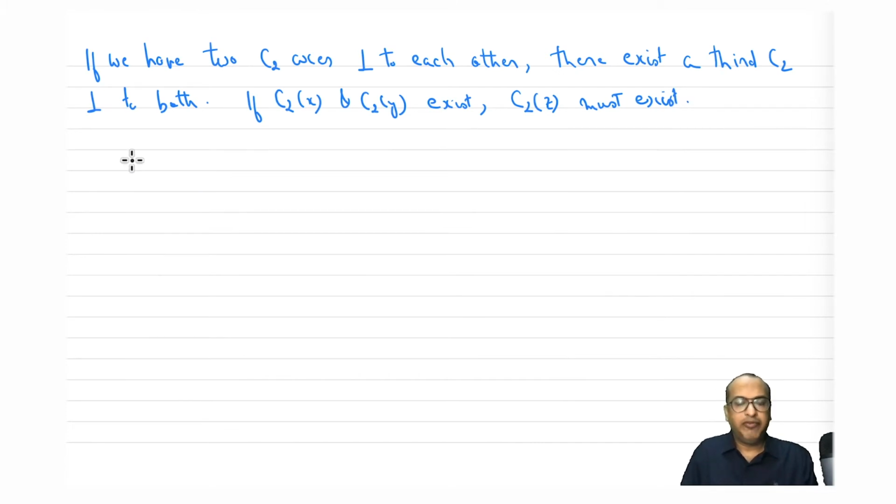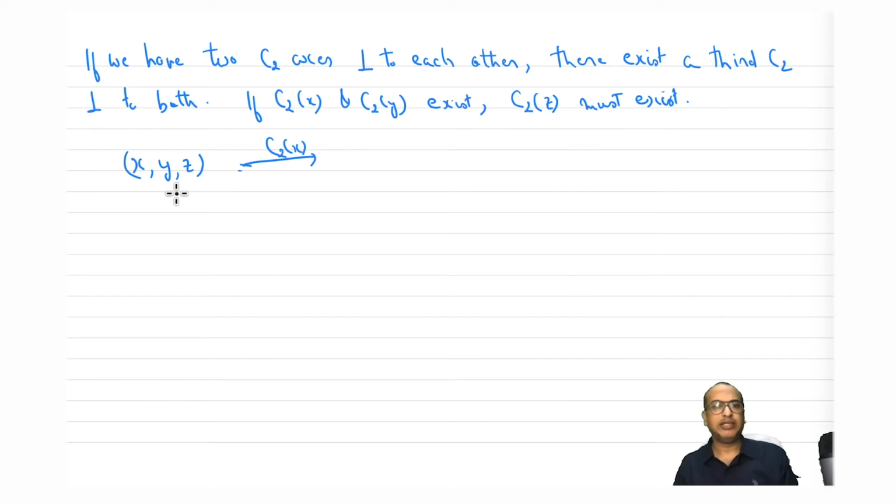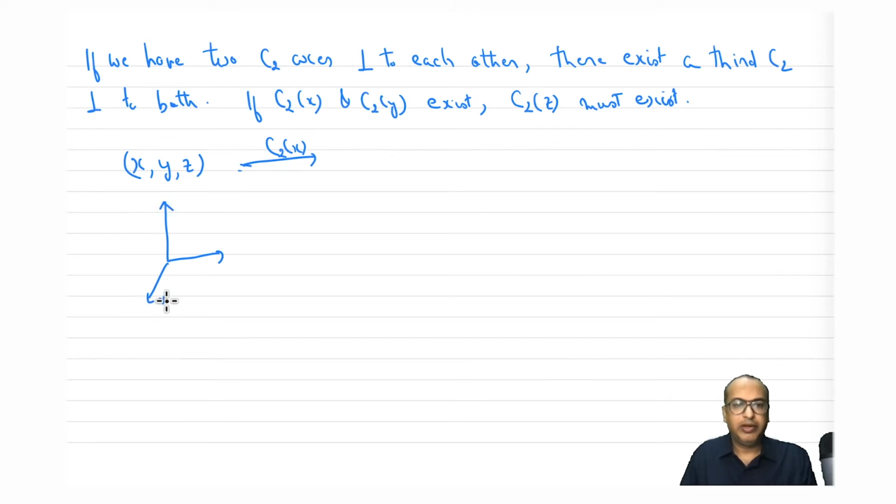Let's operate C2x on xyz. Let's see what happens if we have a right-handed coordinate system, with x, y, z.